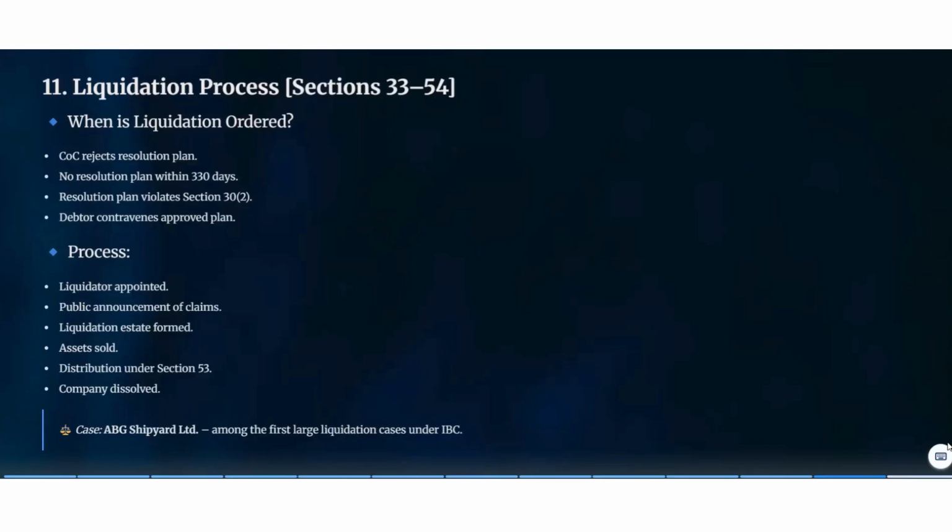The process: a liquidator is appointed, public announcement of claims is made, the liquidation estate is formed, assets are sold, and distribution is made under Section 53 as per the waterfall mechanism explained in the previous slide. The company is dissolved. The case of ABG Shipyard was among the first large liquidation cases under the IBC.